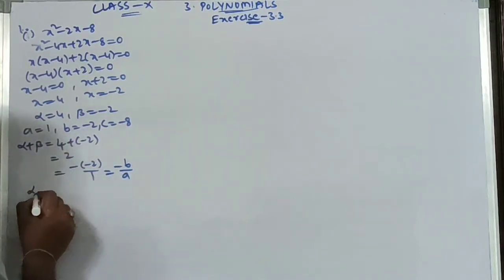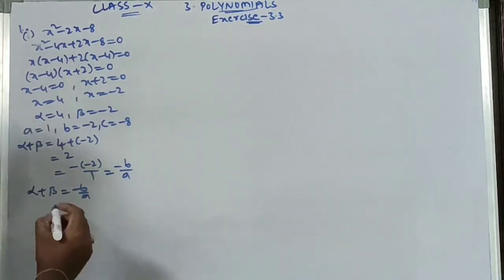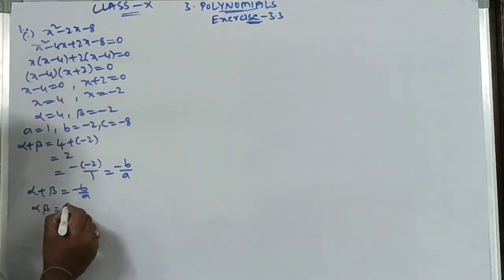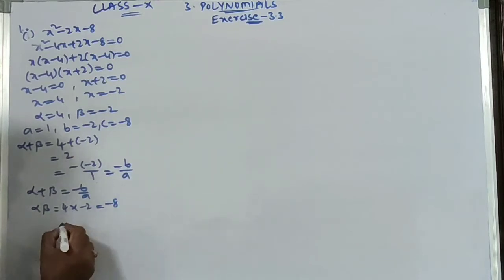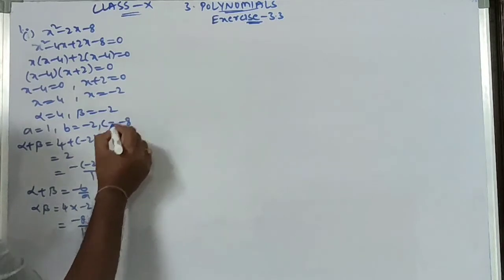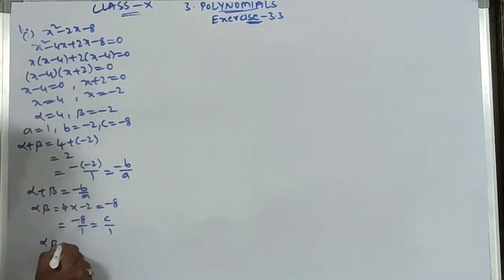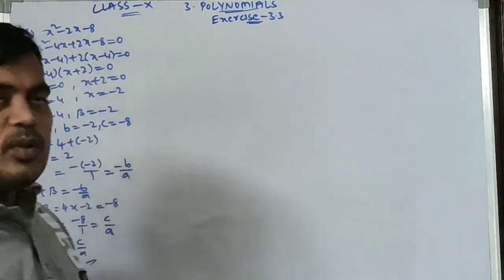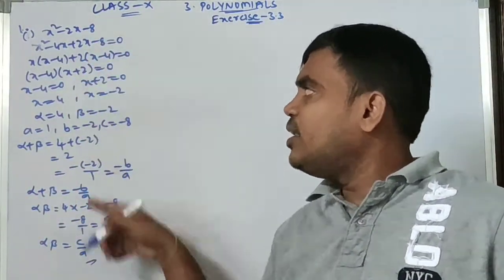So alpha plus beta equal to minus b by a. This relation we got. One more relation, alpha beta. What is alpha? 4. Beta minus 2. 4 into minus 2 is minus 8, so minus 8 by 1. Minus 8 we can write as c, 1 we can write as a. So alpha beta equal to c by a. So this is proved. The relationship between zeros and coefficients is proved in this case.